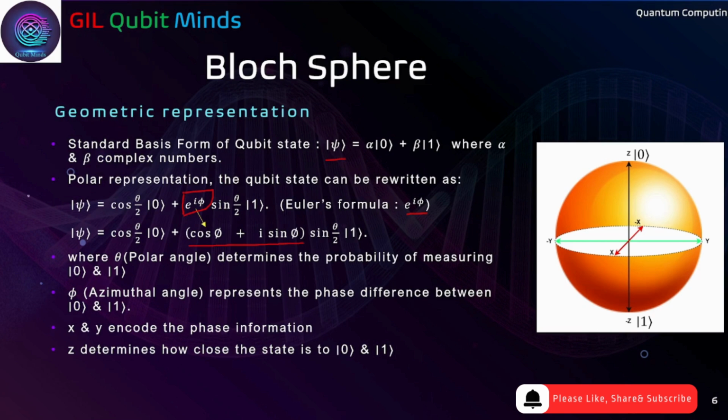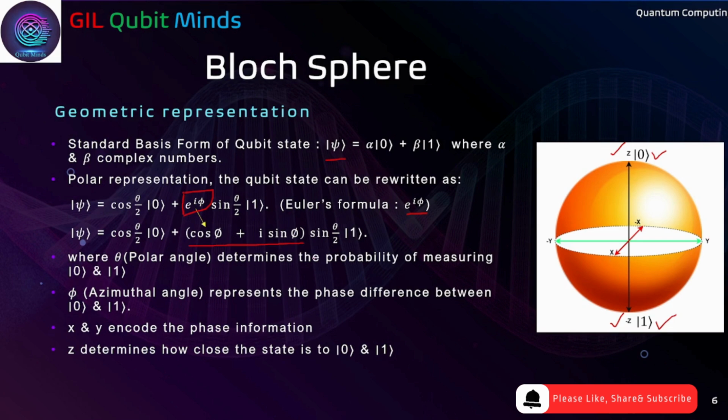We are not multiplying the whole state. Okay, so this is the main formula where theta is the polar angle. It determines the probability of measuring 0 and 1. Here you can see this is a sphere, this is y, this is z, and this is minus z. Here we'll see this is qubit 0 and this is qubit 1, and here is x and minus y.